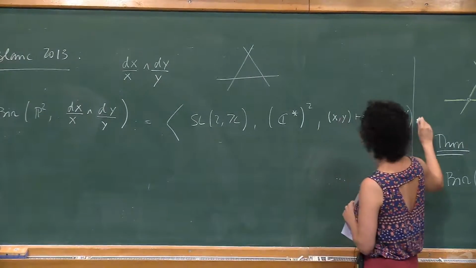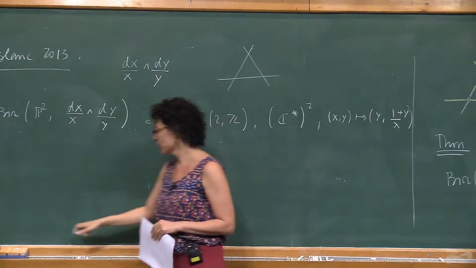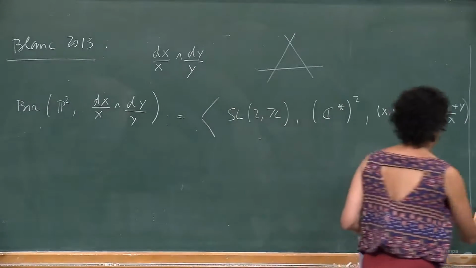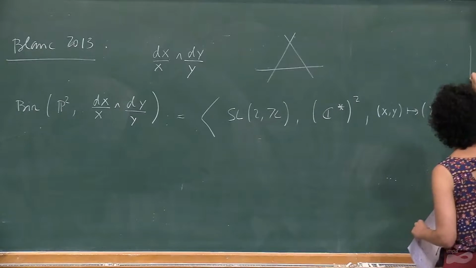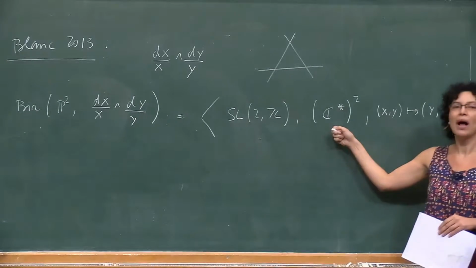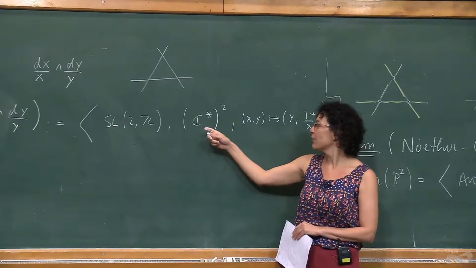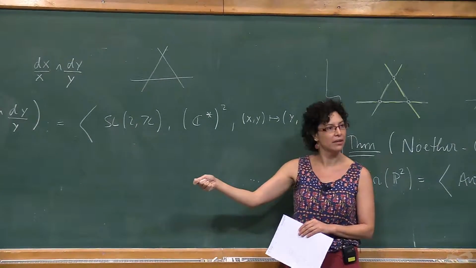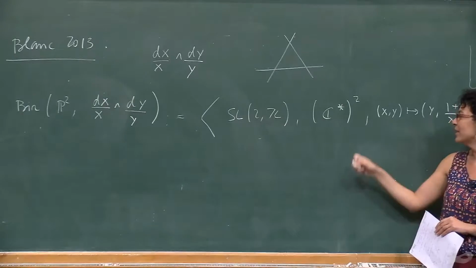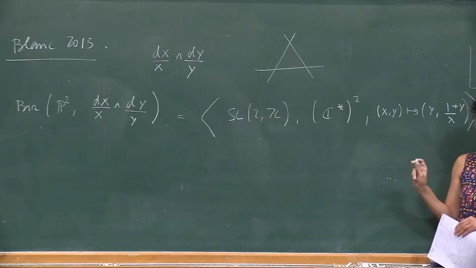So this is a transformation of order 5. When I write the two-dimensional torus here, I really mean you just have two complex numbers and you just multiply x by the first element and then y by the second element of the tuple.